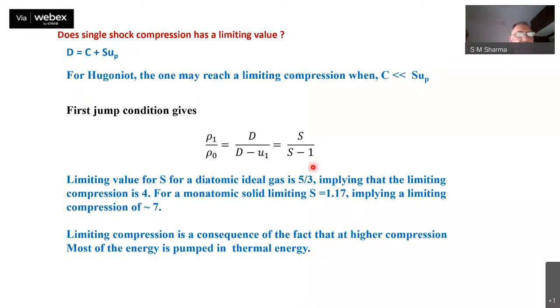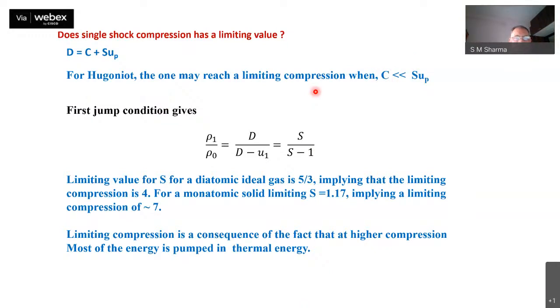I mentioned that the shock velocity has a linear relationship of C plus S into UP. For a Hugoniot, one can reach a limiting compression if this C is much, much smaller. As you keep on going to higher and higher stresses, this term becomes very large. So when C is very, very small, that is a kind of limiting compression.